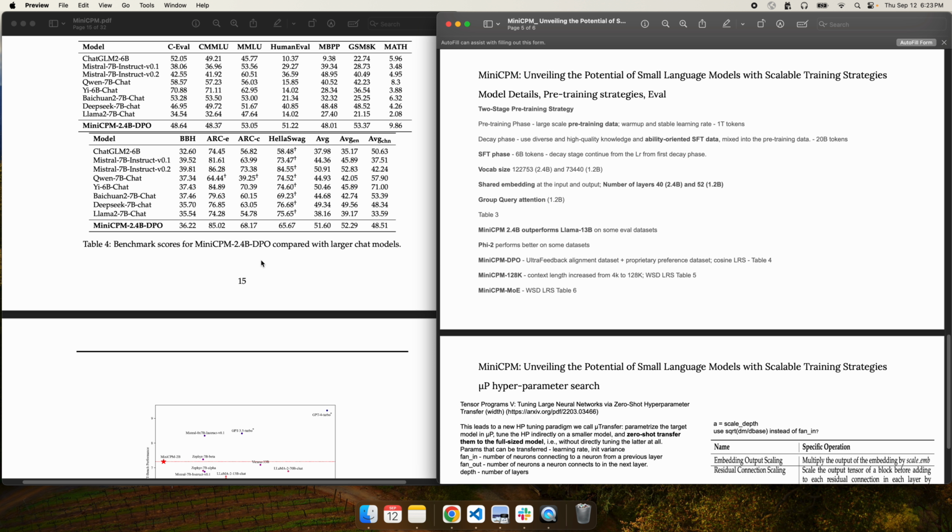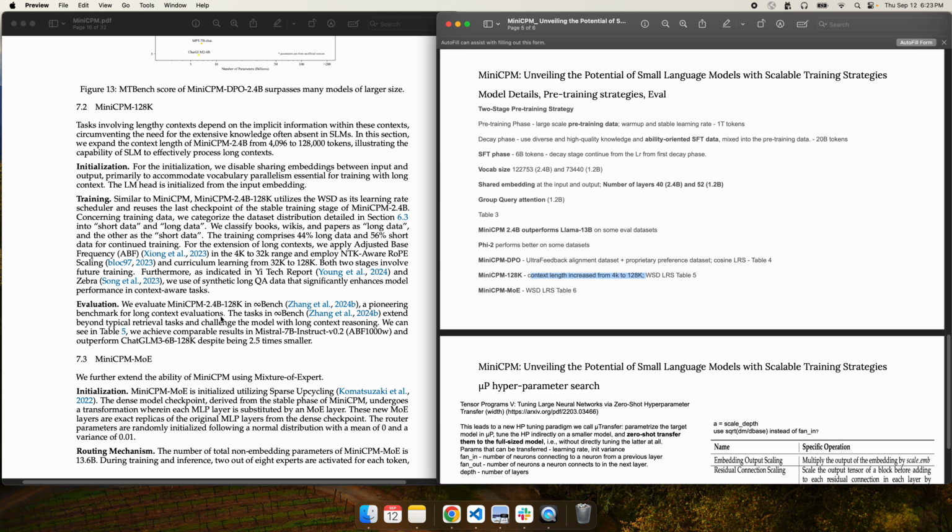And then for their DPO, they perform on the UltraFeedback alignment dataset, and they also have a proprietary preference dataset. They use a cosine learning rate scheduler to do this. They also increase the context length from 4K to 8K. And they also use the WSD scheduler when they're training this long context model.